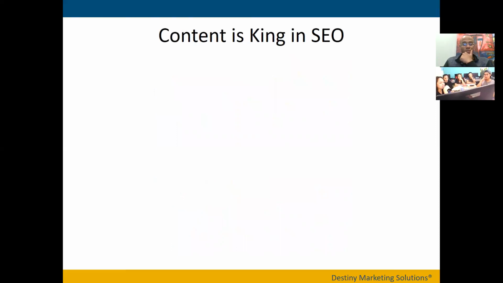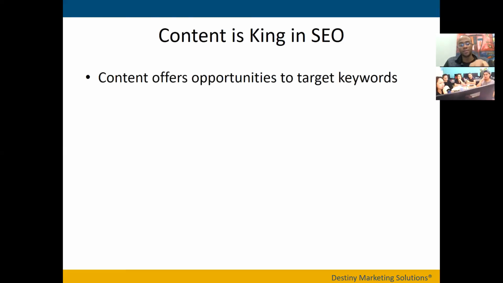So content is king in SEO. Pretty much anything that you're looking to do with an SEO campaign, it's going to start with content. And so I'm going to go through these bullet points, but I'm going to go into them deeper in the next few slides. But content offers opportunities to target keywords.